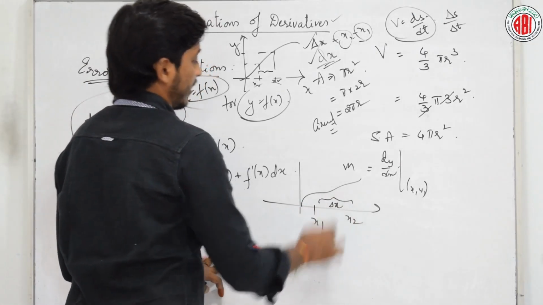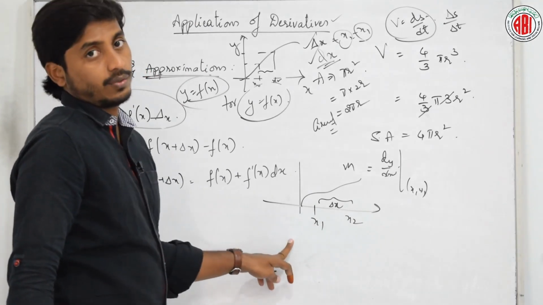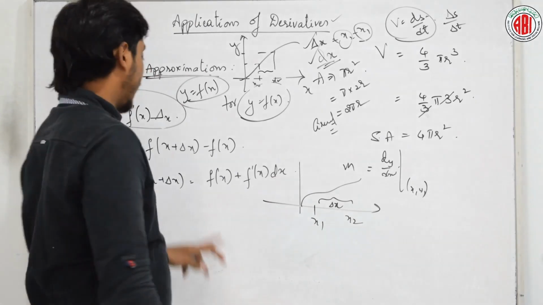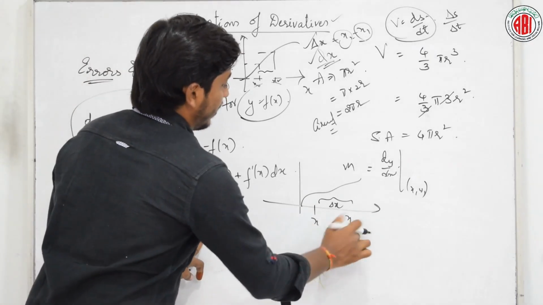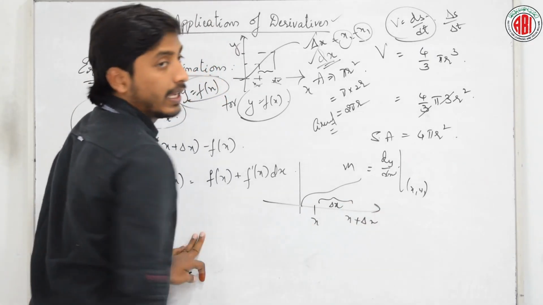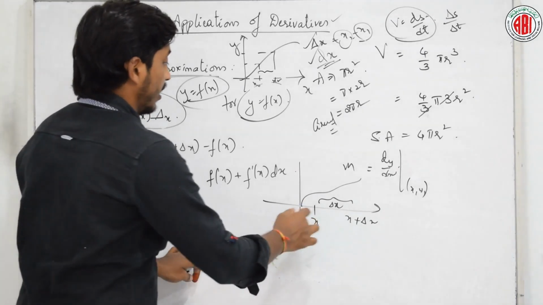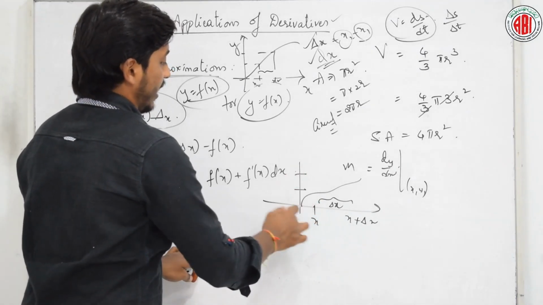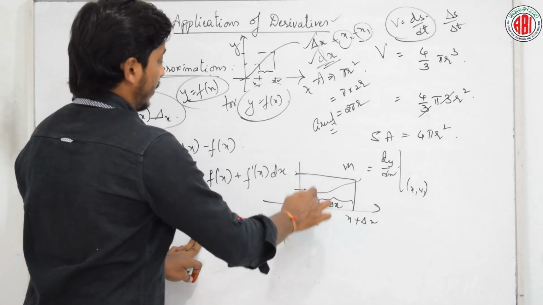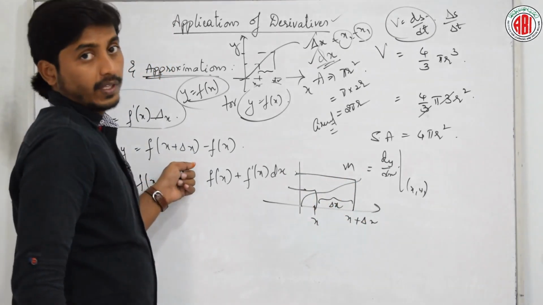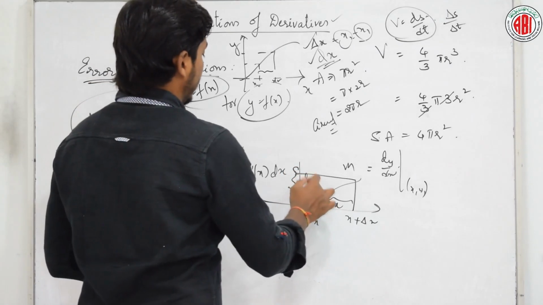Let us say delta x, that is nothing but x2 minus x1. If this is x, this will be x plus delta x, isn't it? Whatever value I get here will be f of x plus delta x minus f of x. That is the change in y.